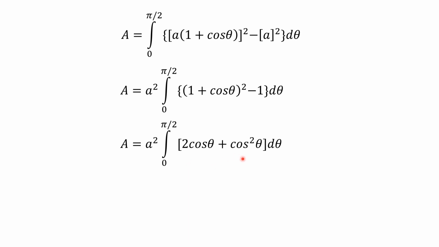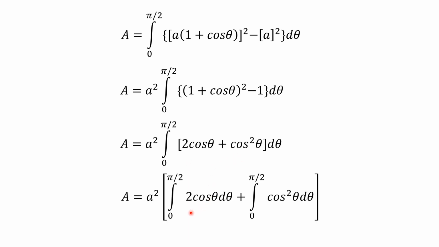Now we will evaluate these two integrations separately. The integration of the first one is simple. For the integration of the second one, in two ways we can evaluate it. Either we can replace cos square theta by 1 plus cos 2 theta upon 2, or else we can use the reduction formula.